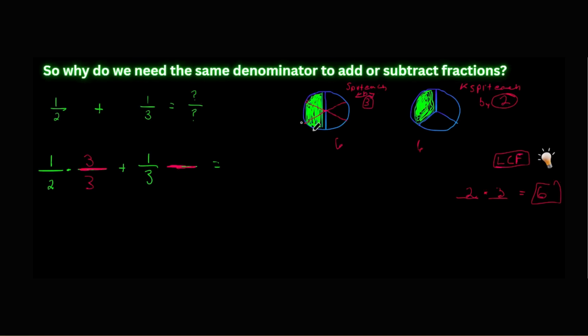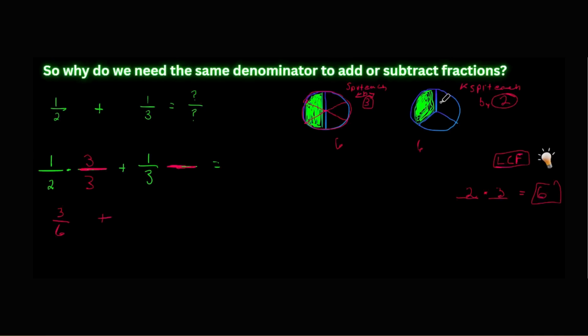And now we can see that the total compartments are now 6. You've got 1, 2, 3, 4, 5, 6. Let's give it a better visual here. So then now we can see that that's going to give me 3 out of 6 that are shaded here. 1, 2, 3 out of 6.